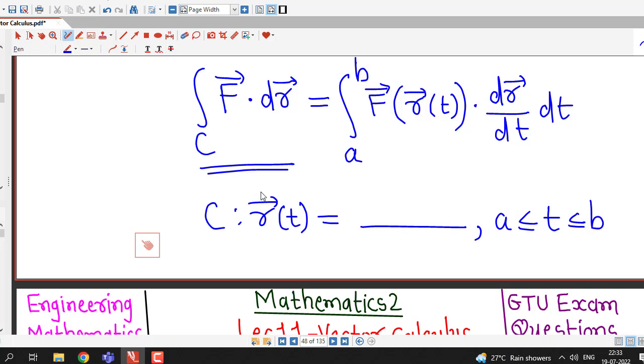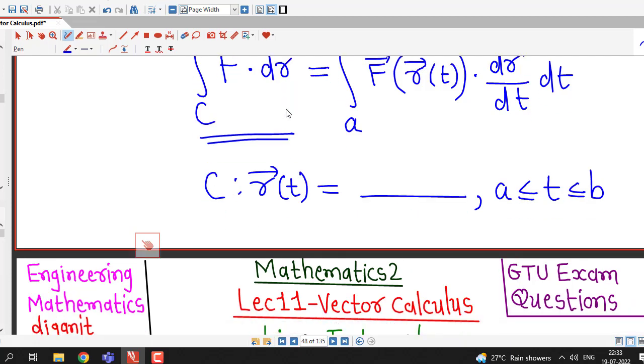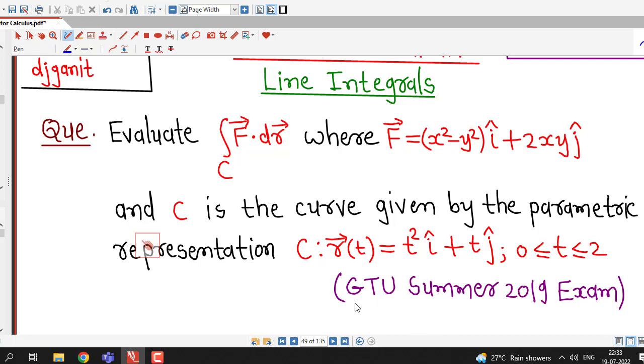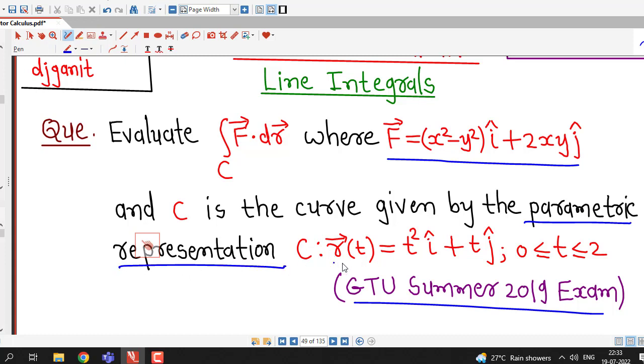Today we will see one question on the evaluation of a line integral using this definition. This question was asked in the GTU Summer 2019 exam. The question is: evaluate the line integral of this vector function f bar along curve C, where C is the curve given by the parametric representation r bar t equal to t square i plus t j, and t runs from 0 to 2.